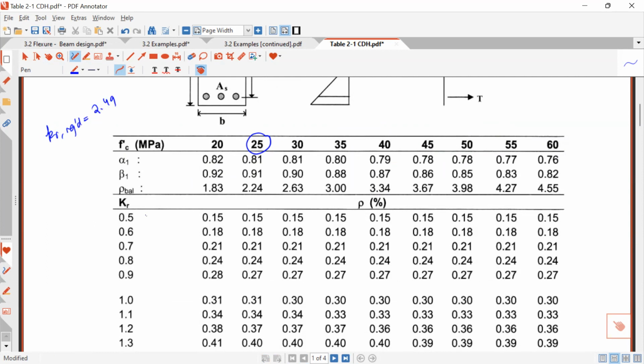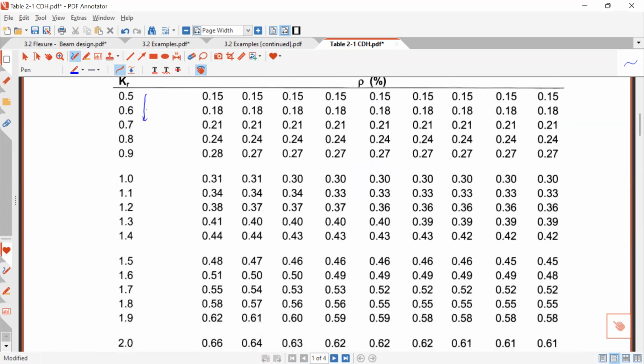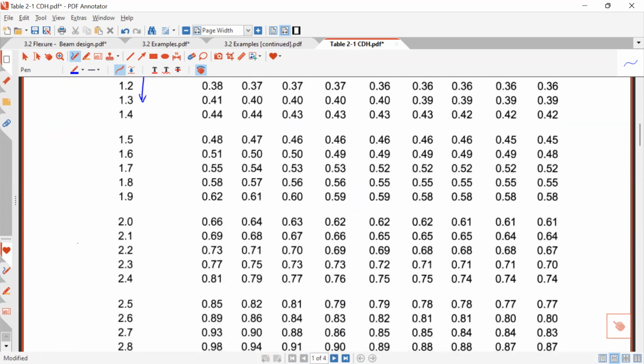I focus on this 25 MPa column. For 2.4, it's 0.79 for rho. At 2.5, it's 0.82. And at 2.6, it's 0.86. So that's how I got these numbers. These are rho values and these are KR values. That's where I got them.